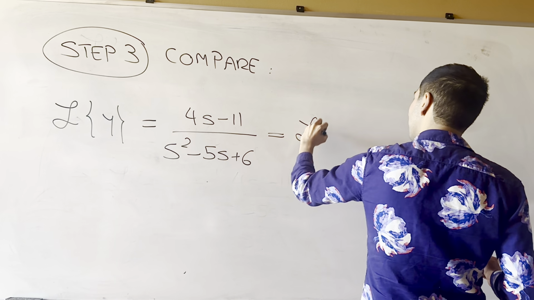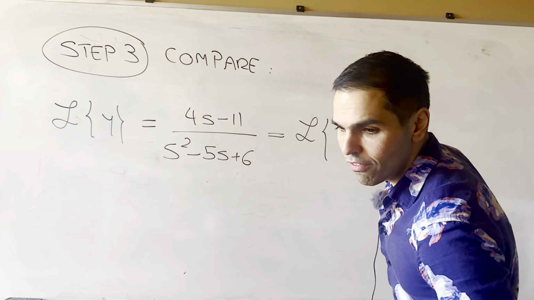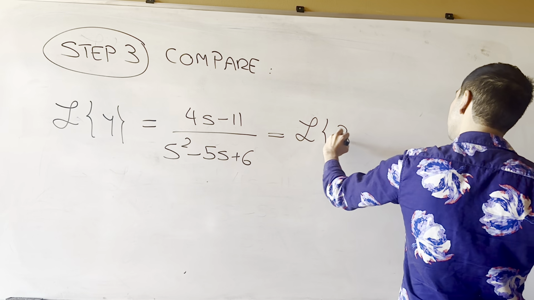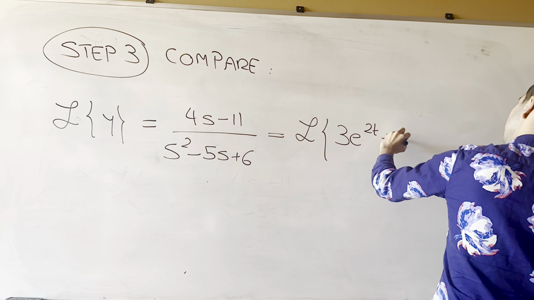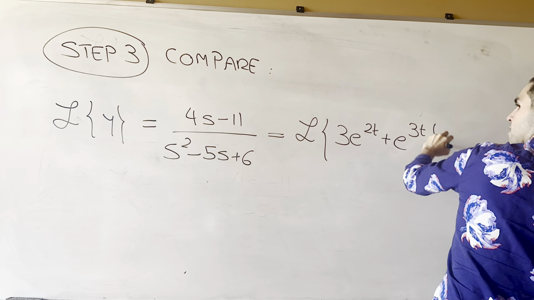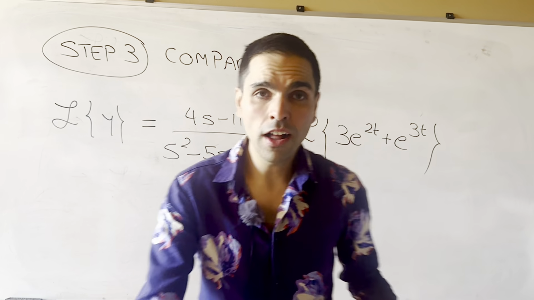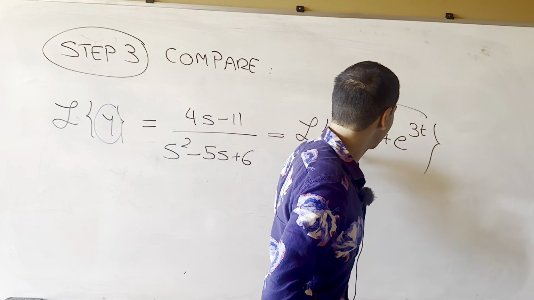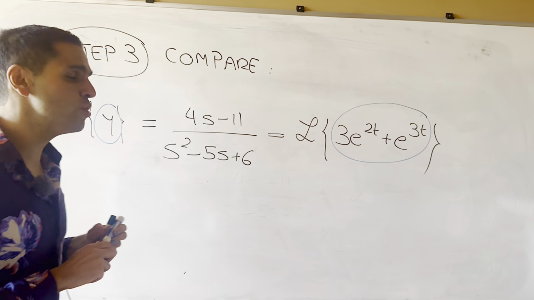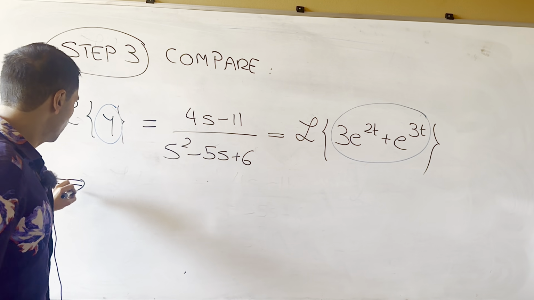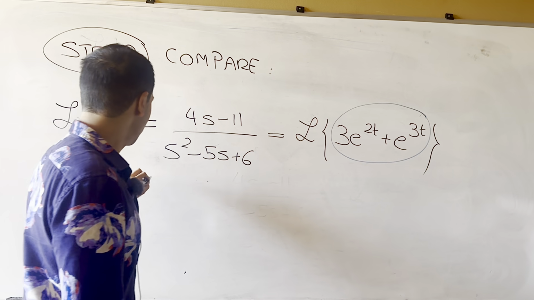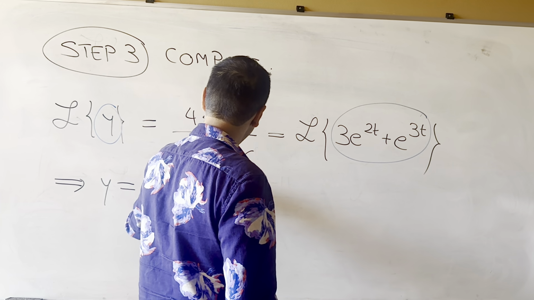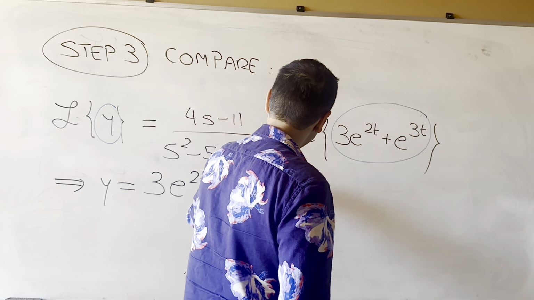And we saw that that was the Laplace transform of, I believe, 3e to the 2t plus e to the 3t. And since Laplace of y was Laplace of this junk, all we need to do is compare and we get our solution. So y is 3e to the 2t plus e to the 3t.